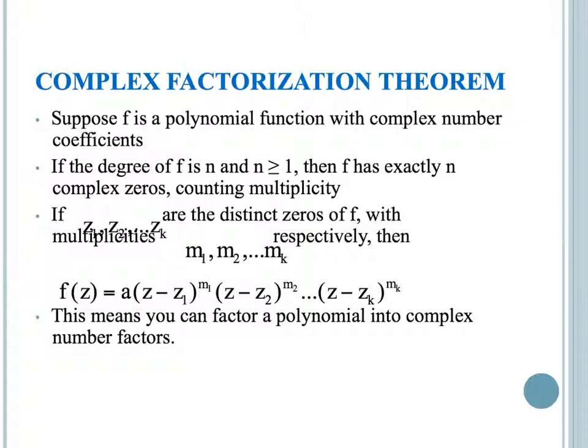This also works with multiplicities, and that information would have to be given to you as part of the problem, and we'll see some examples like this as we work through the next couple slides.